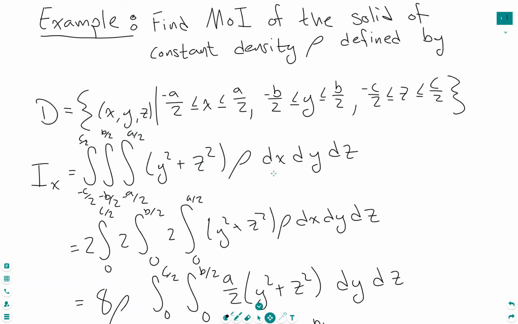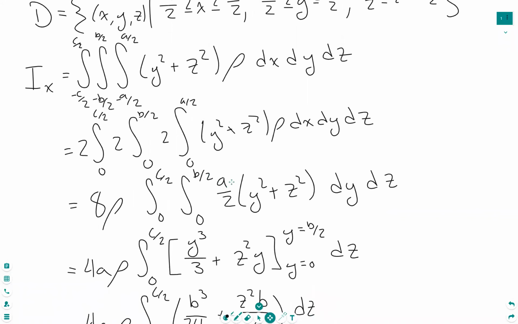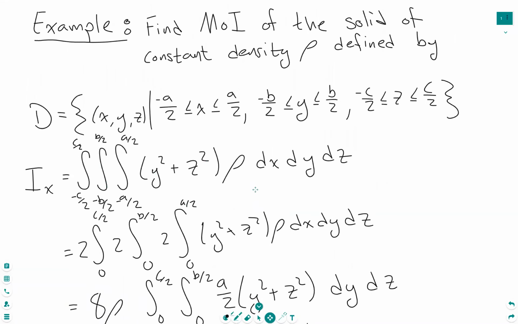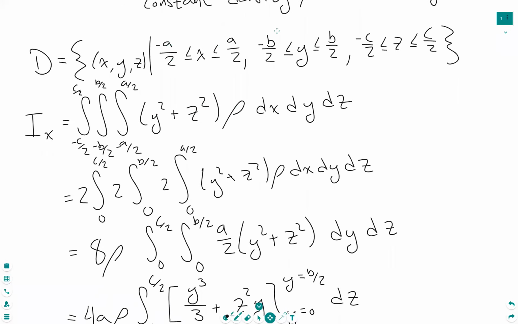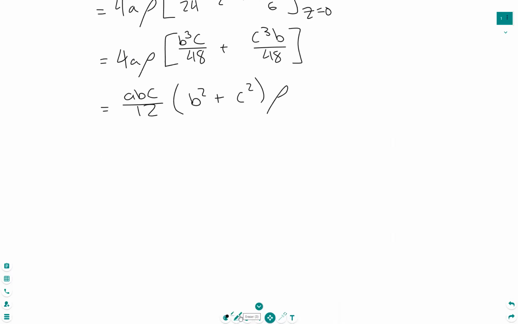What we would do is reorganize the integration so that we would do dy first, and then we would go from 0 to b over 2, and then instead of this step here where we get a over 2, we get b over 2. And then we would do almost the exact same integral. In fact, if you do a substitution, these are all the same integrals, just with different parameters a, b, and c.